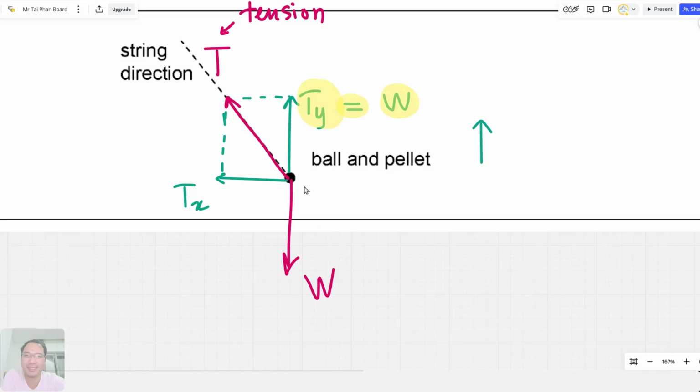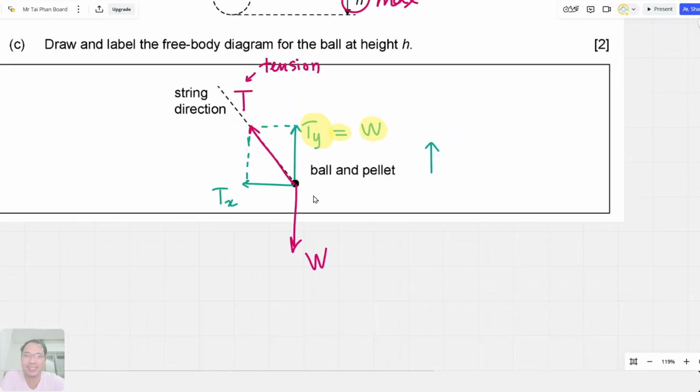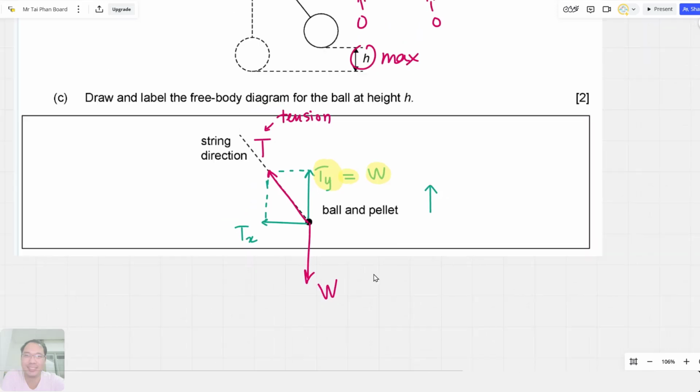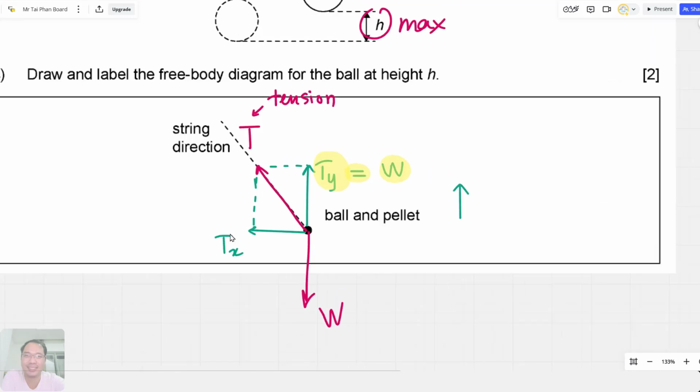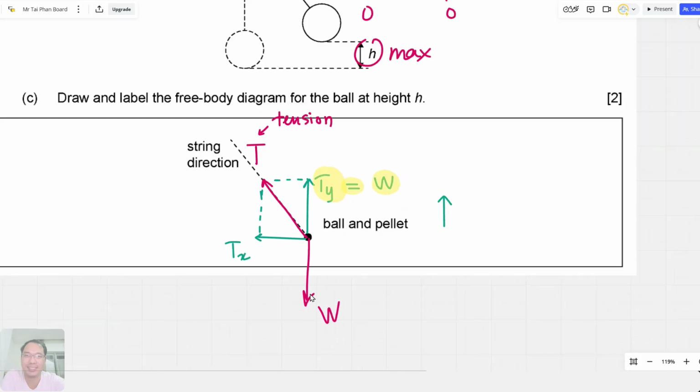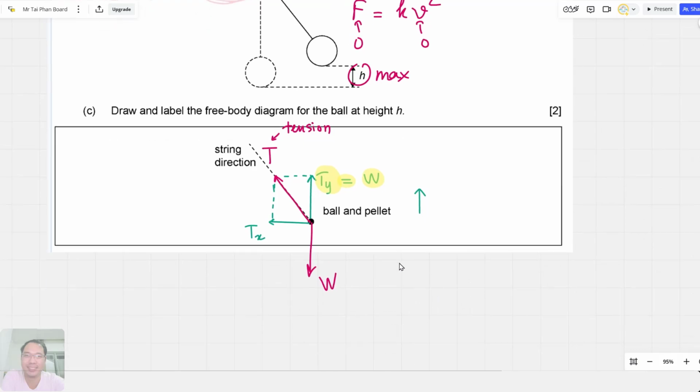In other words, the gravitational force has slowed it down, reducing the velocity to zero at this maximum height. But when you answer a real exam paper, do not draw the components Ty and Tx, only draw the two arrows, T and W. Just draw two of them.